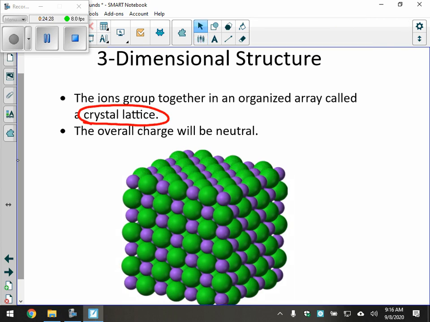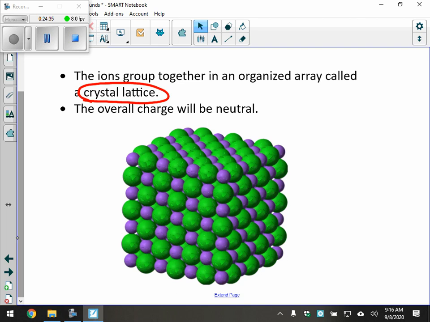The overall charge of the crystal lattice will be neutral. So if you look at this kind of cubey looking thing here, this is neutral overall. It's made up of individual ions that have joined together. Opposites attract is really what's going on here. And it's just this positive, negative cube, okay?